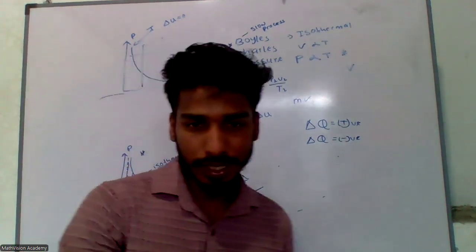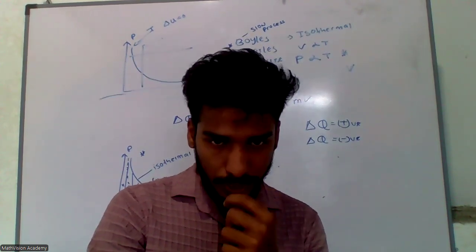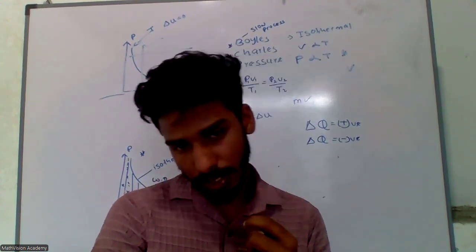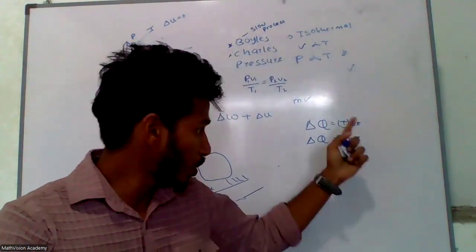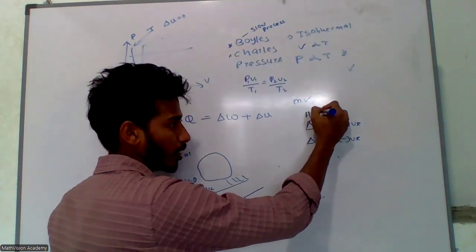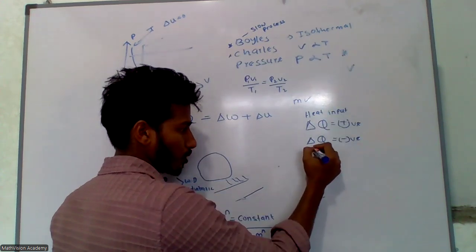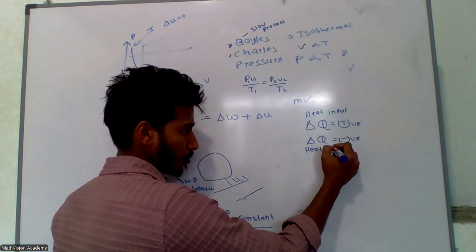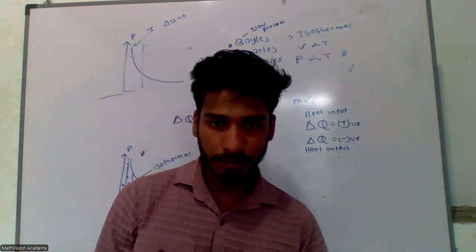So that's why I have given it in the table. Heat output is positive, heat input is negative. Okay, I have made a mistake. Heat input is positive. The table I have made has a mistake, heat input and heat output. So just remember them.